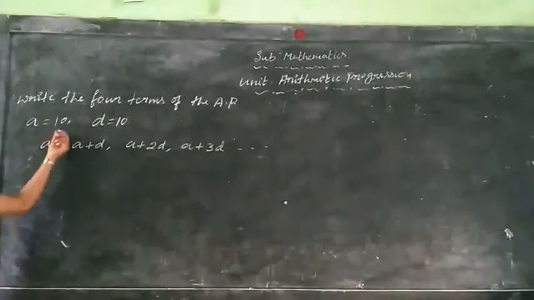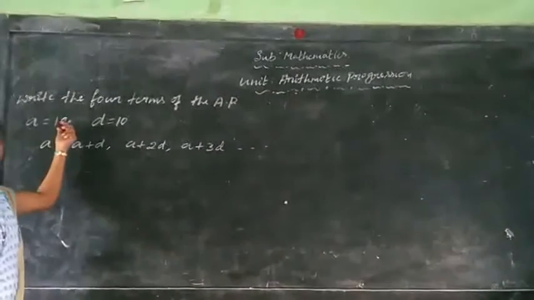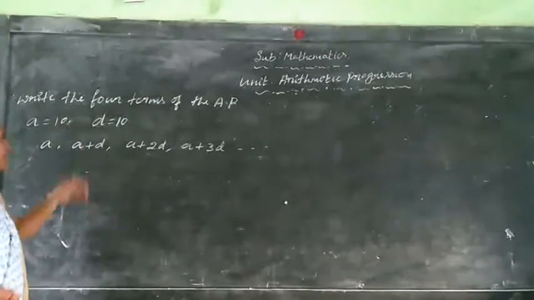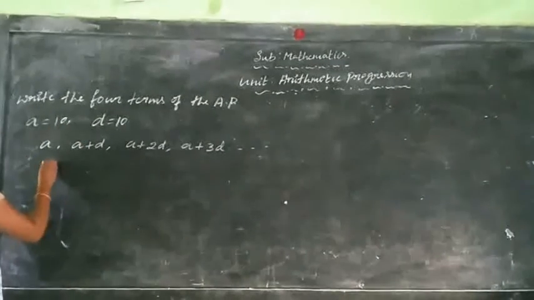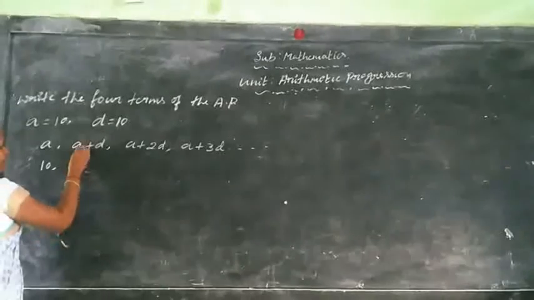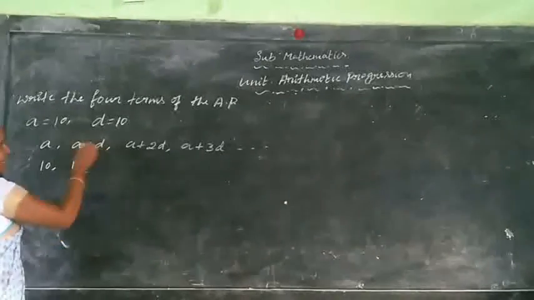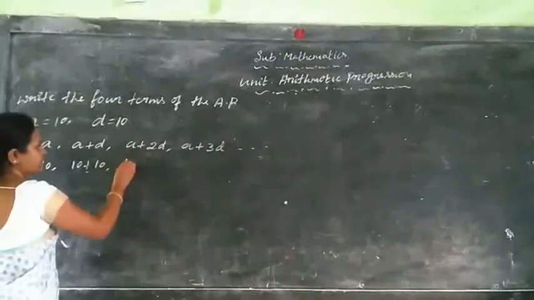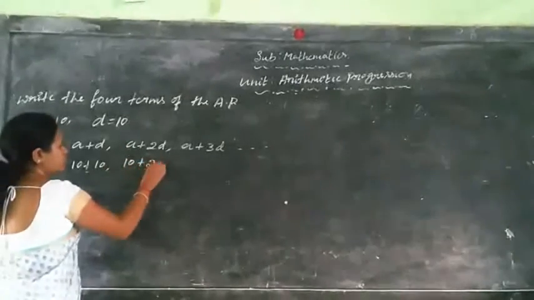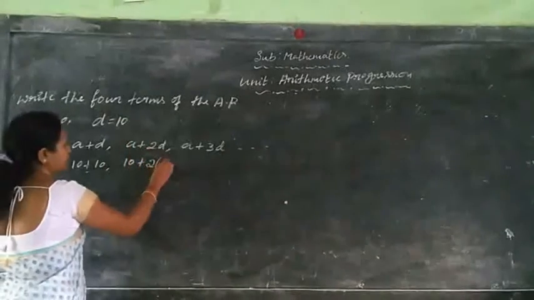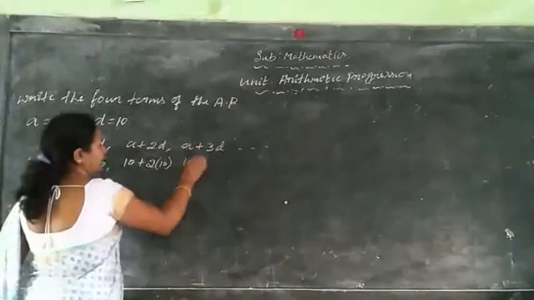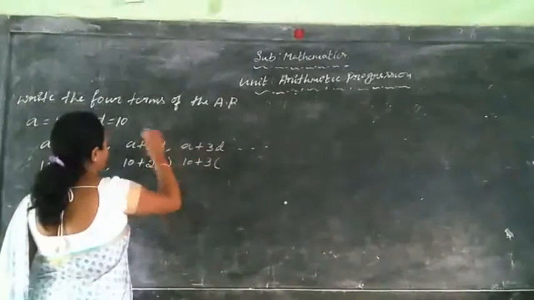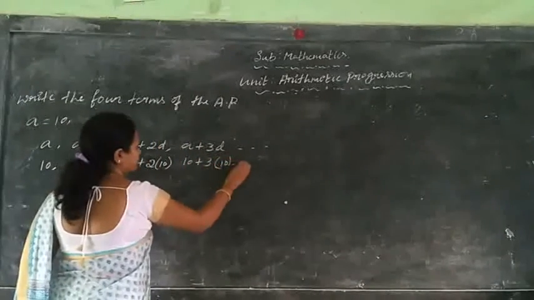So we know the value of a, isn't it? What is the value of a here? 10. The value of a is 10, children. d is there. What is the value of d? 10. Again, a value is 10, 2 into d value is 10, 10 plus 3, the value of d is, children, 10.